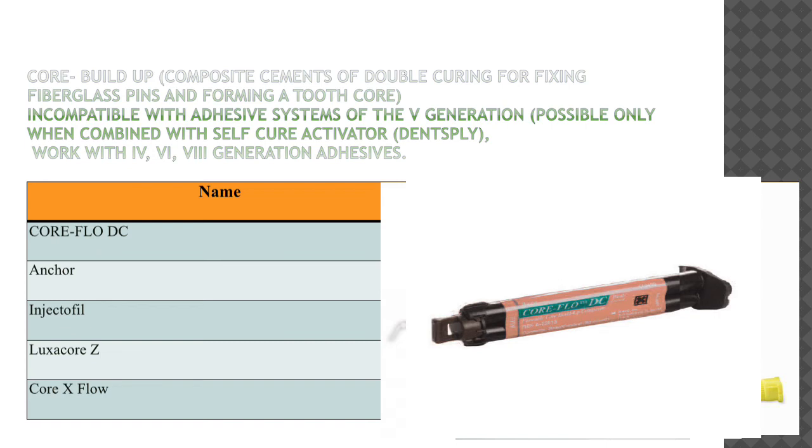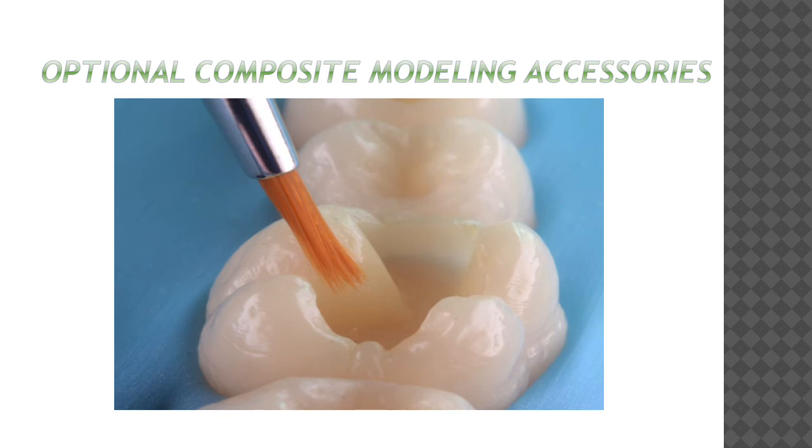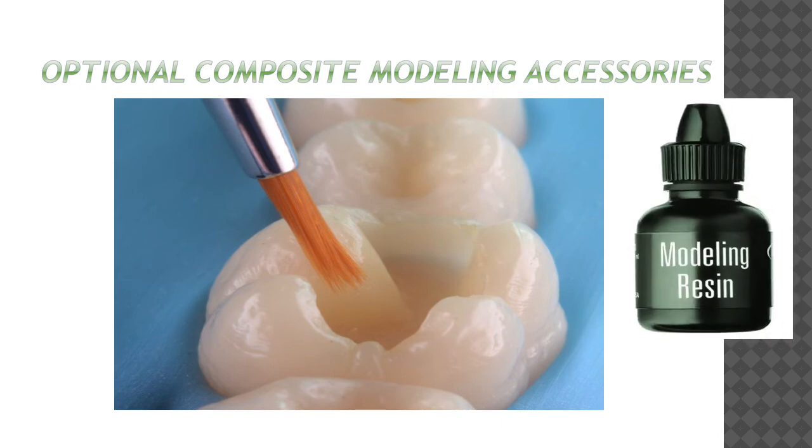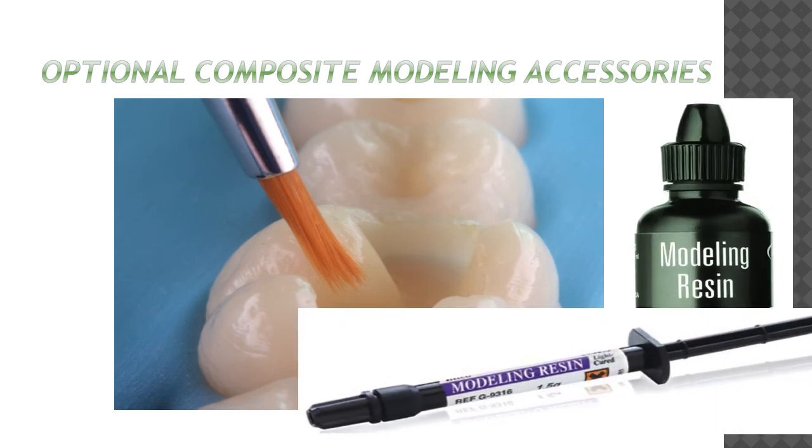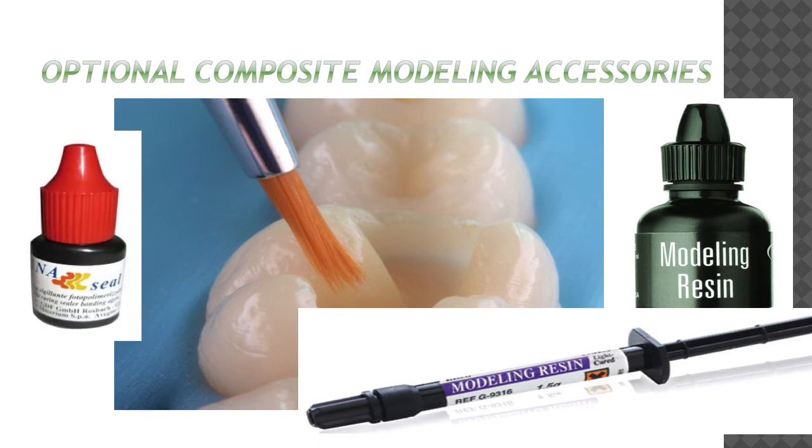The names of these composite materials are on the left, and these composite materials are stored in double syringes, which contain the base and the catalyst paste, and they are mixed together in a special needle, which helps us with distributing the material into the tooth. On this slide, you can see additional composite modeling accessories like brushes and modeling resin.